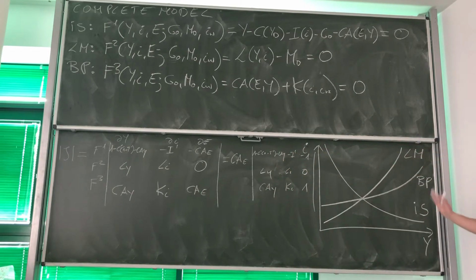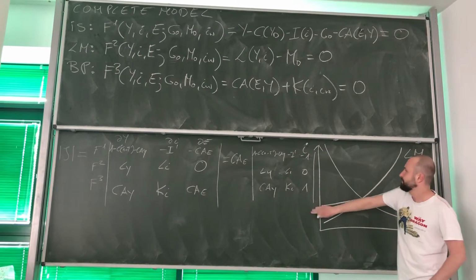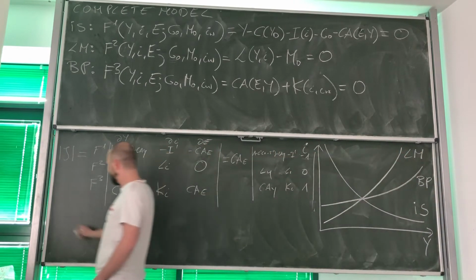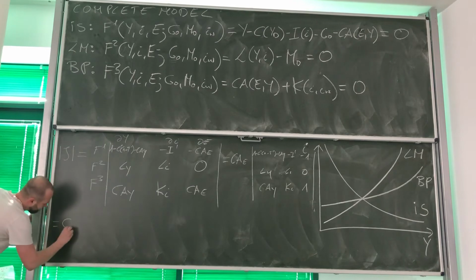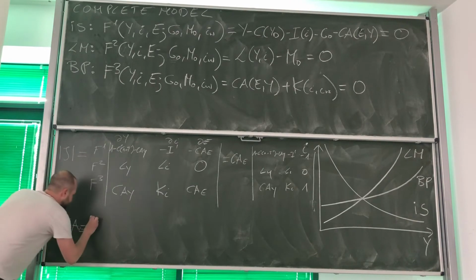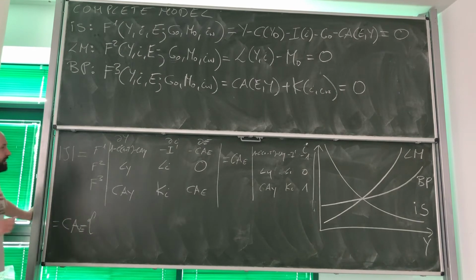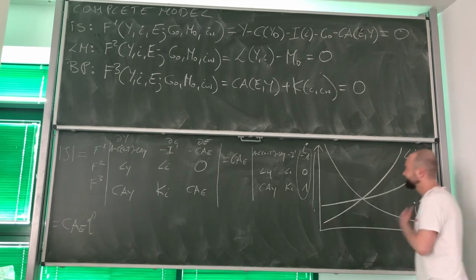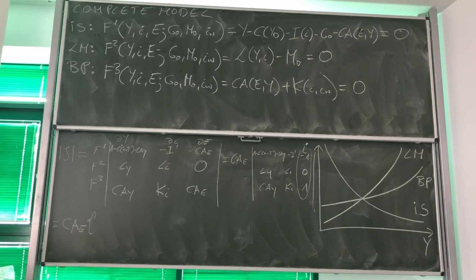Okay, and the best way to do it actually is to use Laplace expansion. So what do we get? We have CA_E in front, we open brackets. I'm going to expand it using the last column.